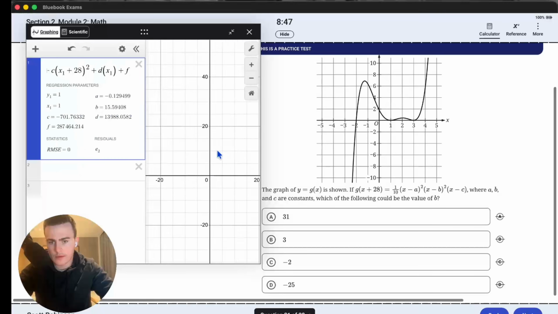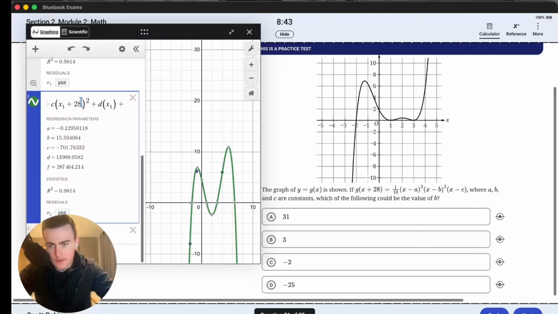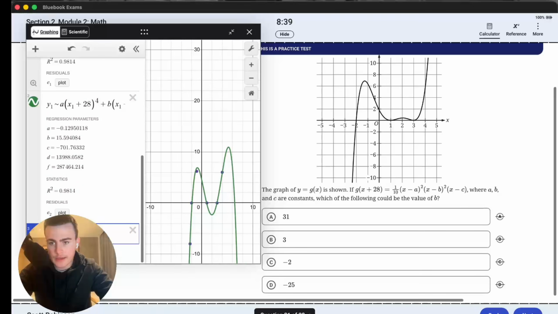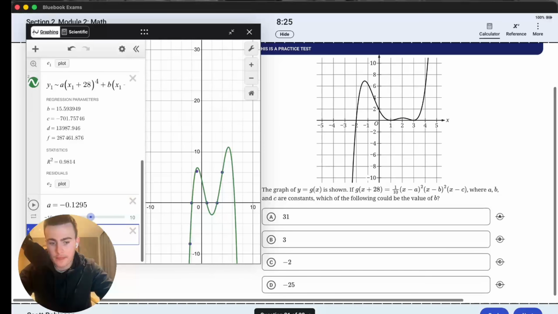Let's leave this. Oh, we screwed up. A equals negative 0.1295. Great. Now B is 15.5939.